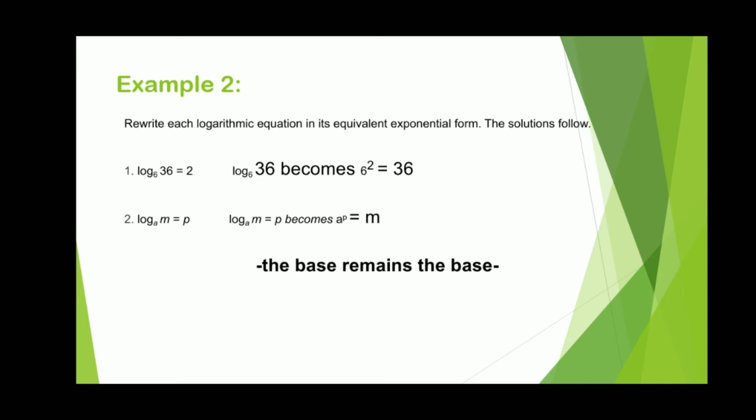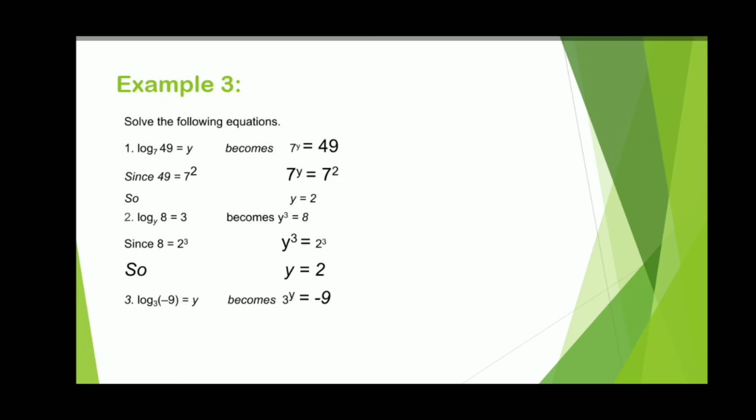Next one: log base a of m equals p. It becomes a with the exponent of p equals m. We put the exponent p, and we only change positions. The base remains the base.